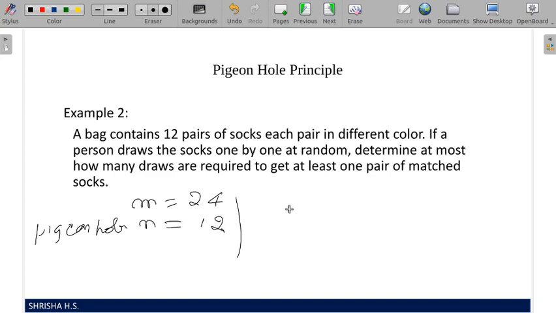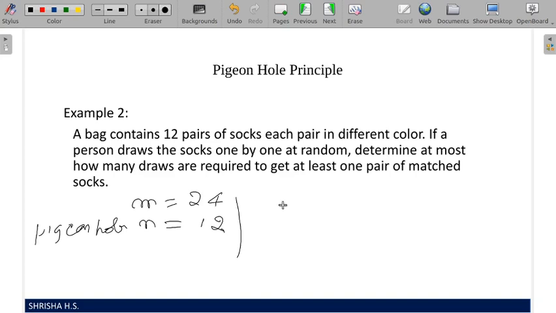There are 12 colors, and the worst case is every time you pick a sock, it is of a different color. You get red, blue, green, white, whatever. So all 12 colors you got. In the worst case, 12 picks we did, and 12 different colors we got.